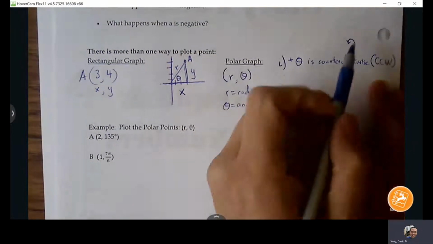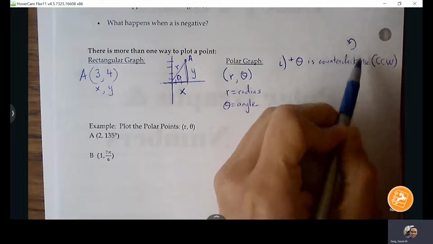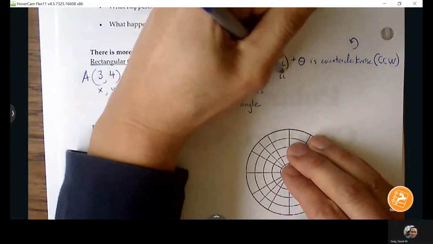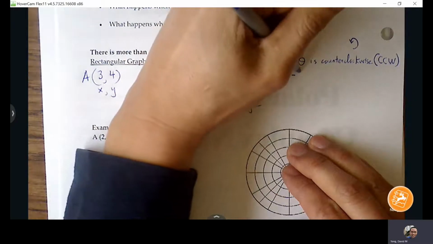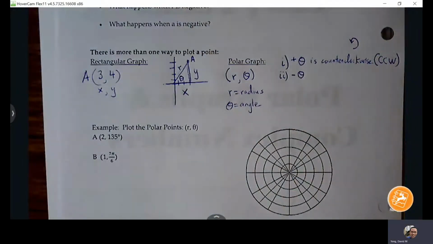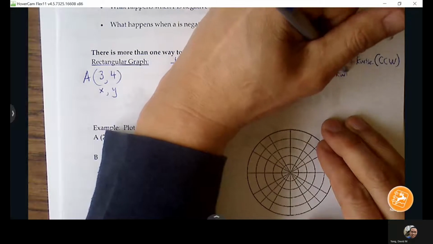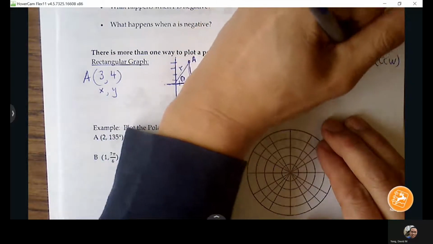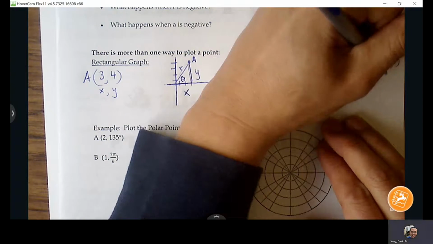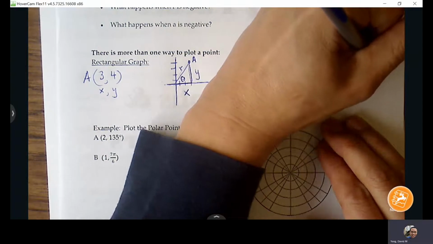Imagine the steering wheel, you're just turning that steering wheel left. That's counterclockwise. If I have negative theta, then I'm going to be moving clockwise. That is going this way here.